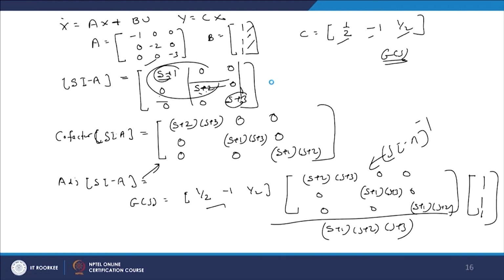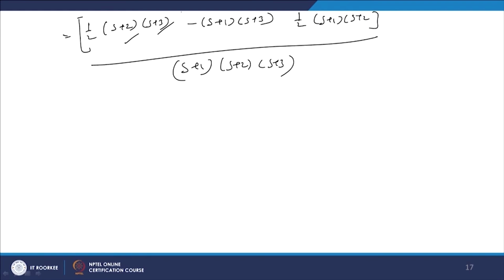That means, how did we get it? Here we have multiplied this, so 1 by 2 multiplied by this, the rest is 0, therefore we have got S plus 2, S plus 3.